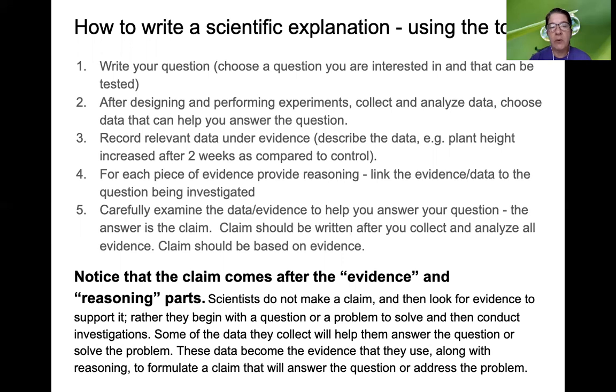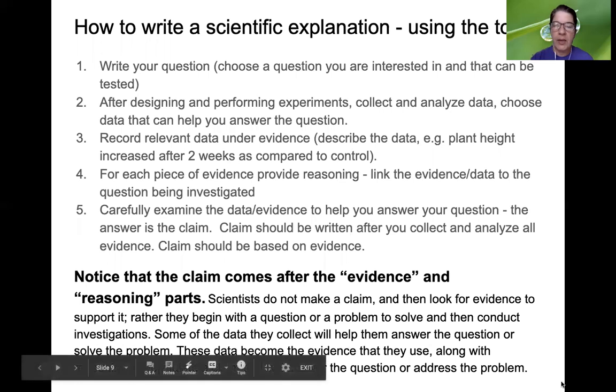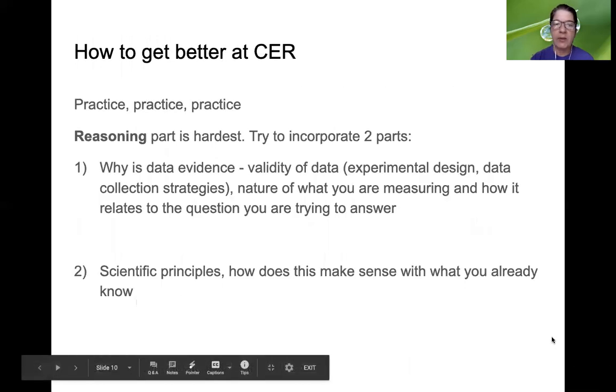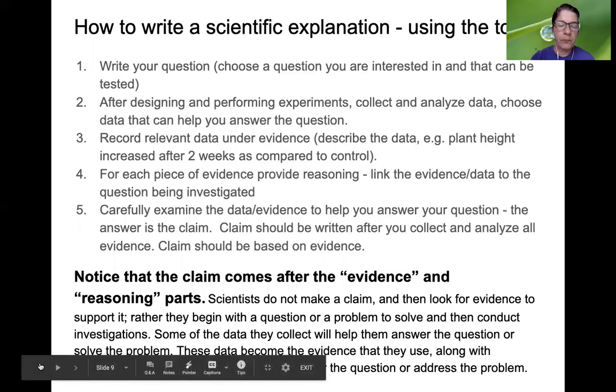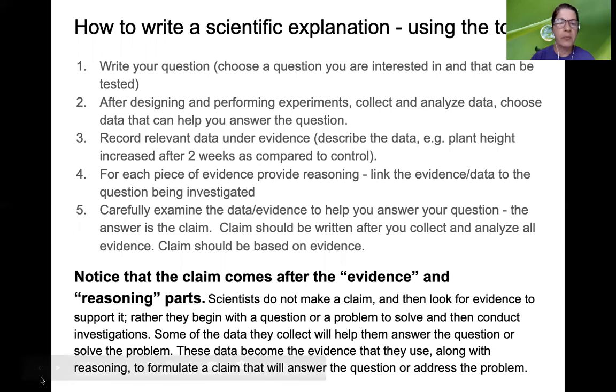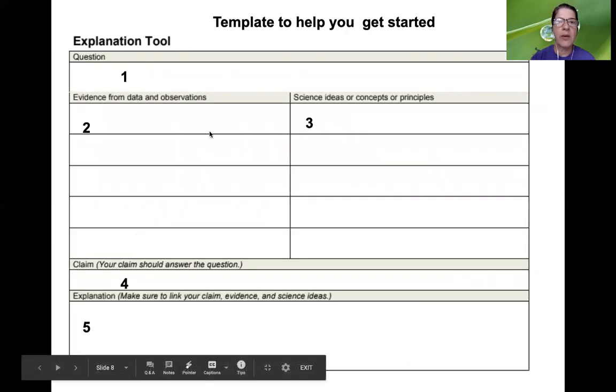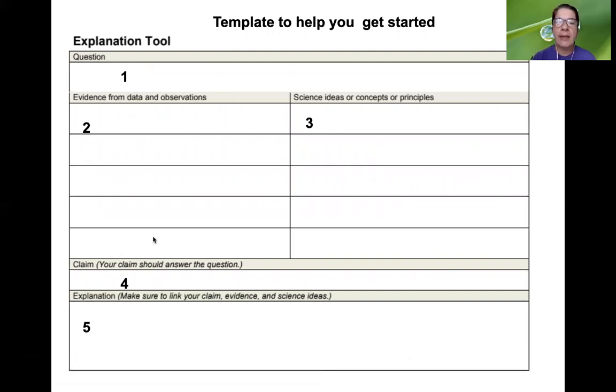And the answer to your question really is the claim, which you write last. The claim should be written after you collect and analyze all evidence. Claim should be based on evidence. And the reason I'm showing you this is because often you will see the abbreviation called CER, Claim Evidence Reasoning, when in reality, we write the claim at the very end.